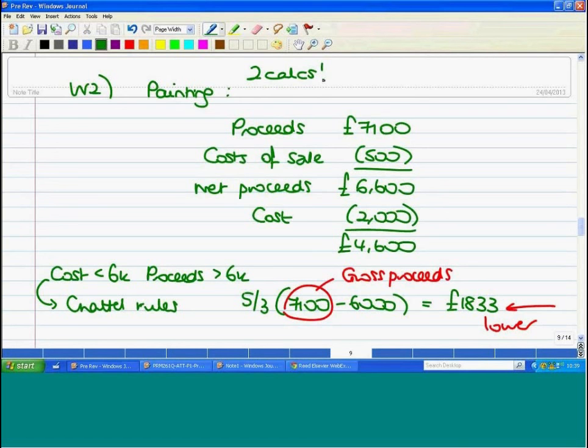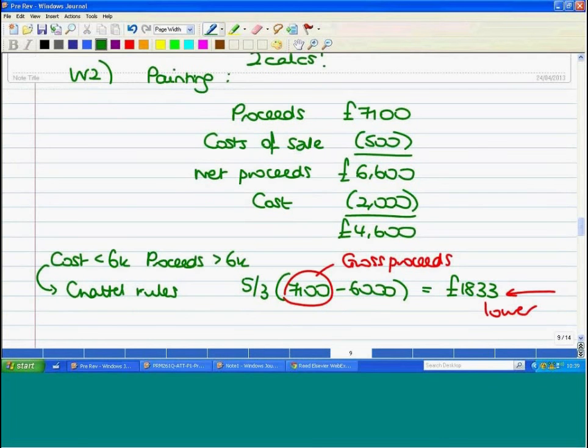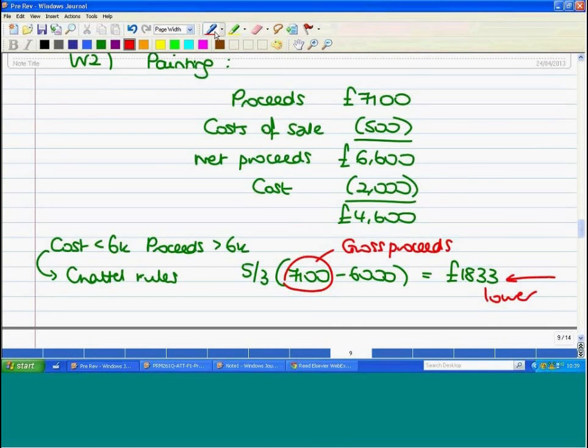Cost of sale we get to deduct, so this is just the normal straightforward gain calc, and then we're disposing of our asset, which was the cost of £2,000. Now that means we get the gain of £4,600 under the normal rules.